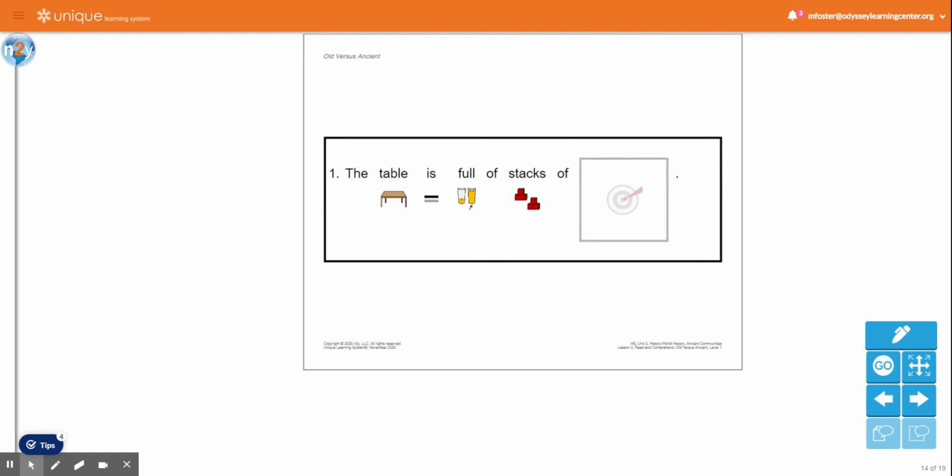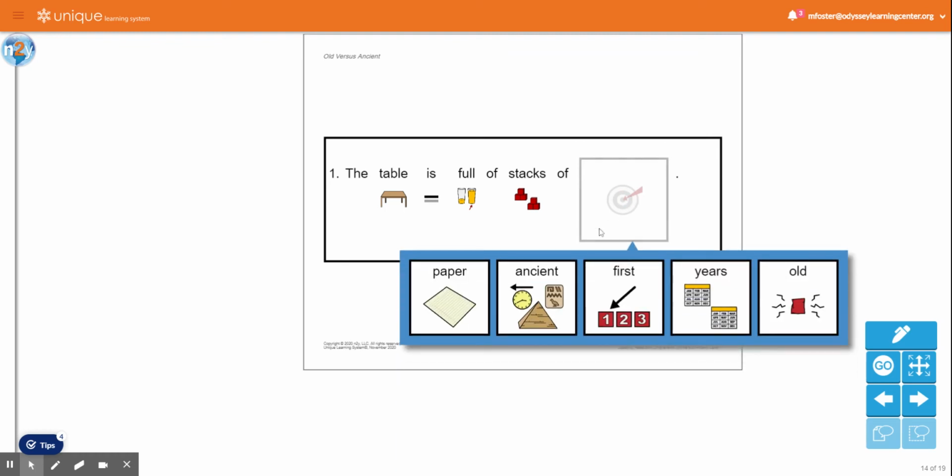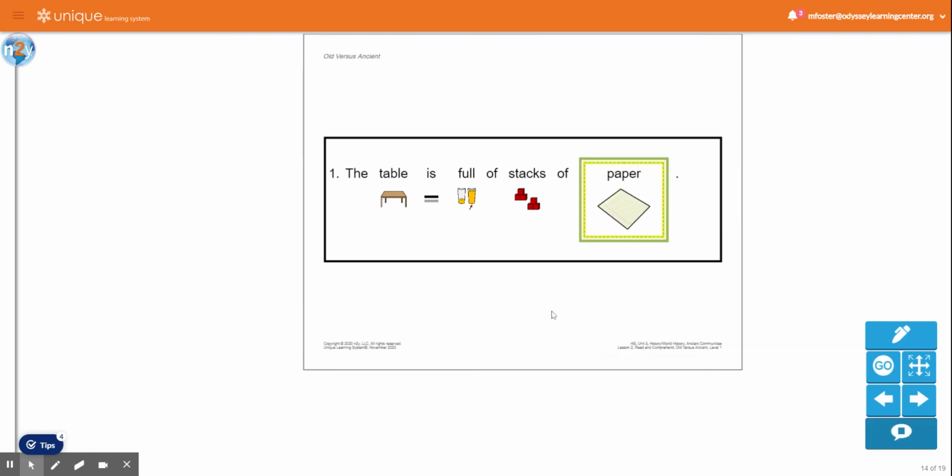Okay, the table is full of stacks of paper, ancient, first, years, or old. So the table is full of stacks of paper.